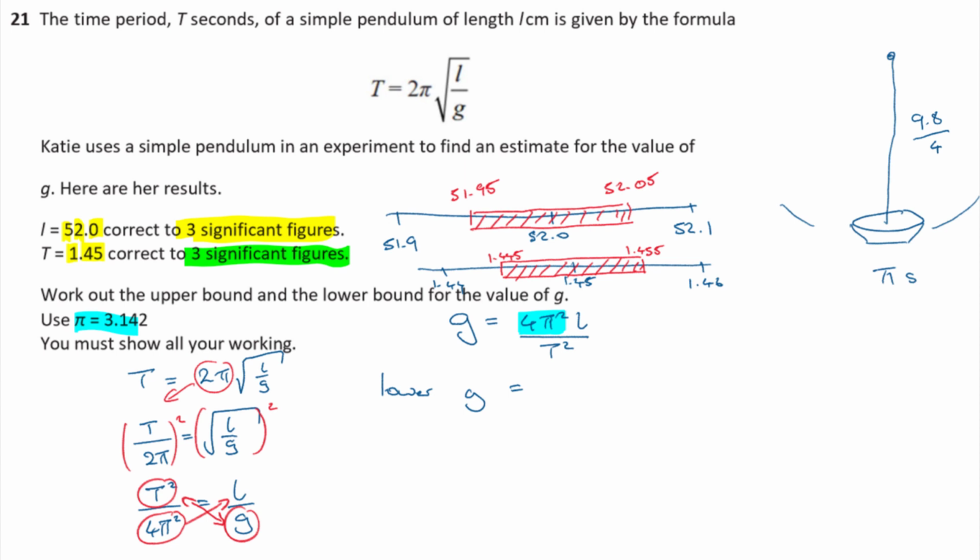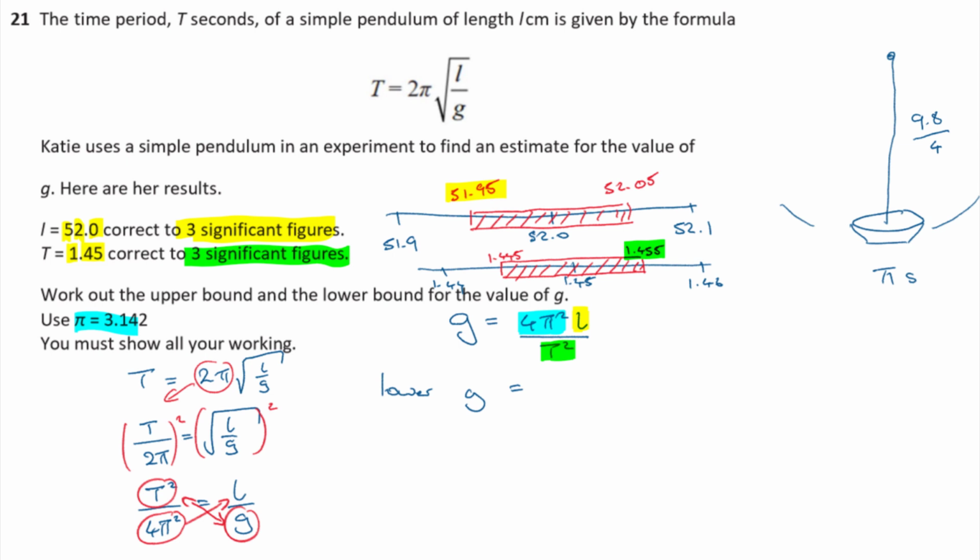Now, the smallest value of g I can get would be if I used the smallest possible value of L, so that's going to be 51.95, and divide it by the largest possible value of t, okay, because that's on the bottom. So if you think about a fraction, the bigger the denominator, the smaller the actual size of the fraction is.